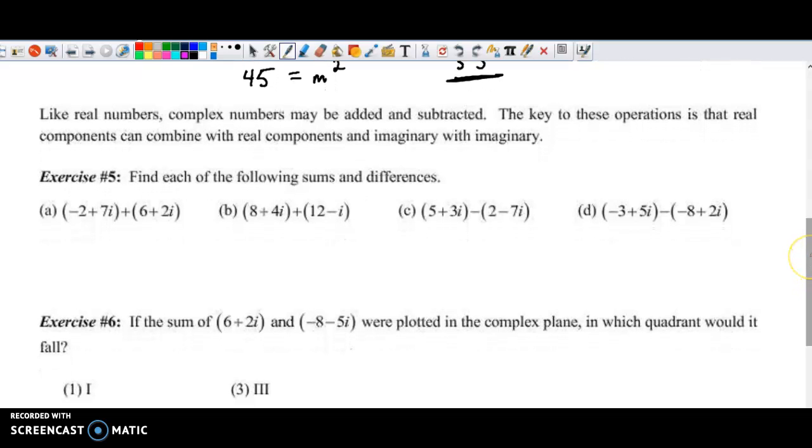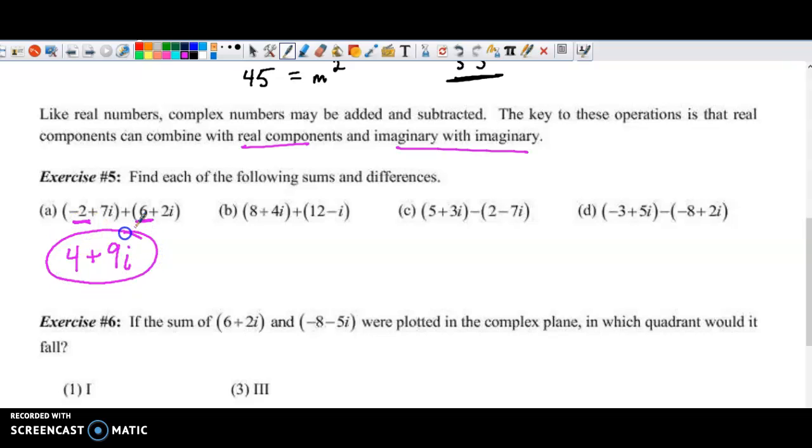So this next one, what's important is that you're only adding and subtracting the real components with real components and imaginary with imaginary. If I'm adding two things together, you can only combine the real parts with the real parts. So negative 2 plus 6 is 4, and 7i plus 2i is 9i.